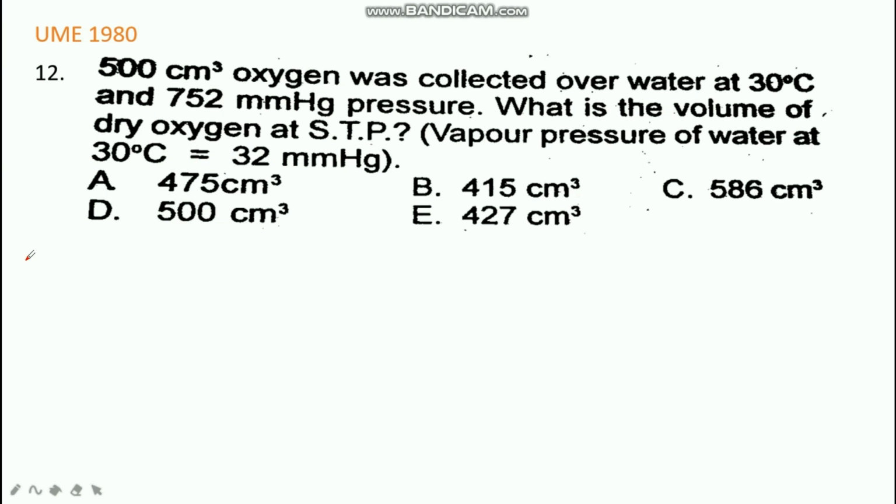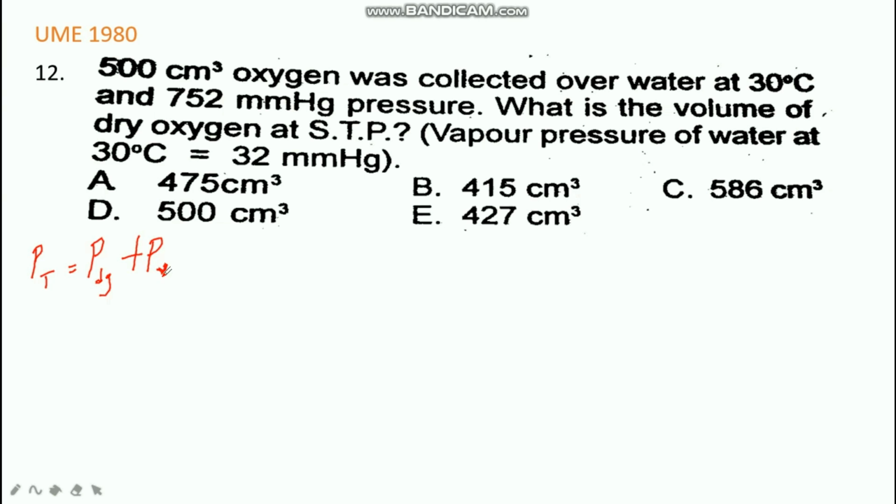Now, we know from Dalton's law of partial pressure that once a gas is collected over water, the total pressure of the gas is going to be the pressure of the dry gas plus the vapor pressure of water.